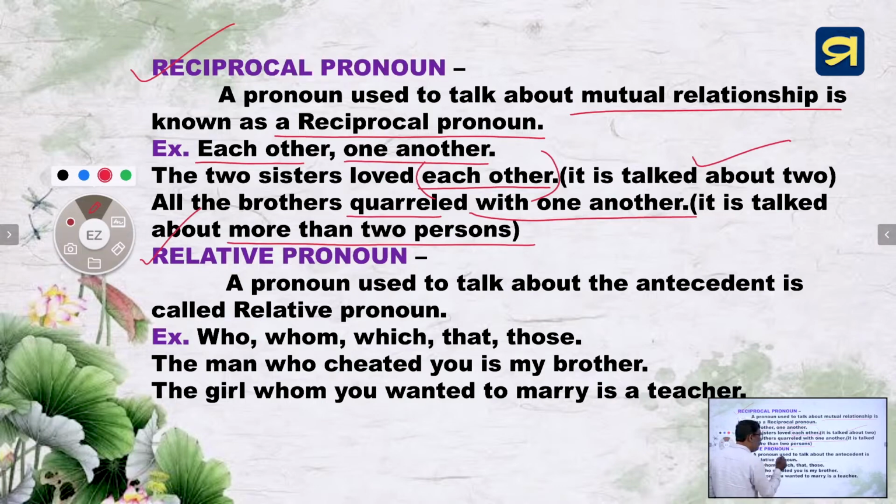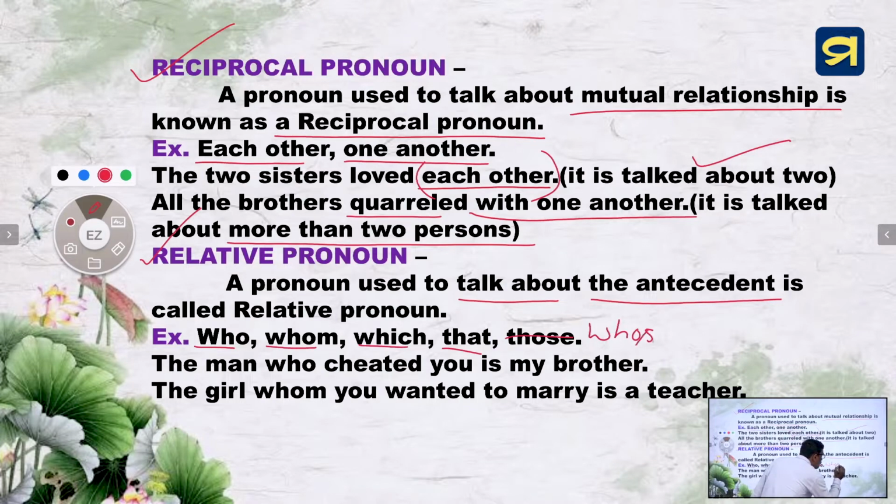Or a pronoun used to talk about antecedent. That means it modifies the antecedent, it modifies the noun. And it gives more information about the antecedent noun, then we can say that it is a relative pronoun. Who, whom, which, that and whose. Not those, this is whose.